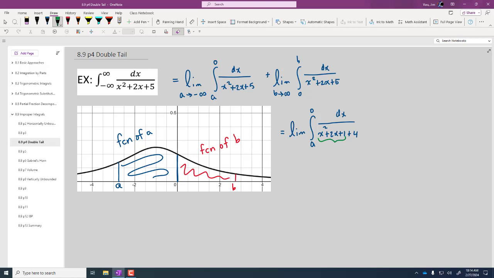That will factor into x plus 1 squared. And then, let's write the second one. So the second one, we have limit 0 to b. And let's go ahead and factor it now that we see, because these are going to be identical. So we have that.